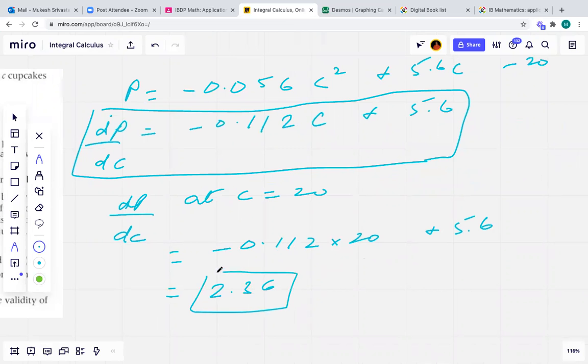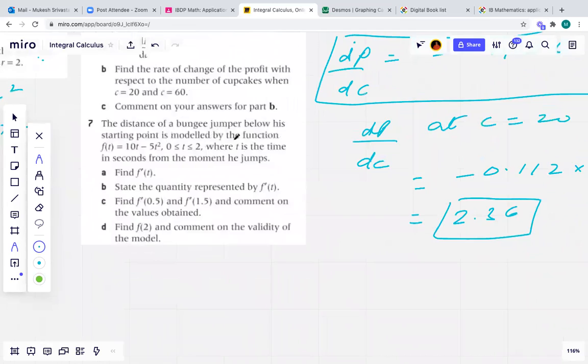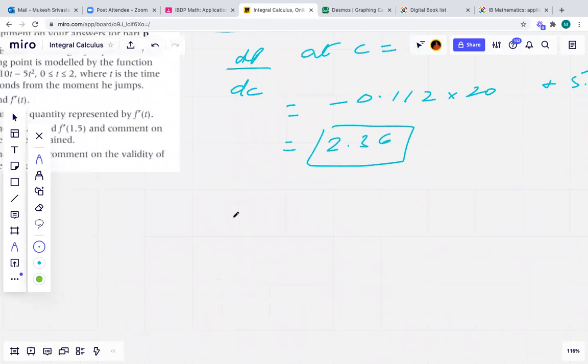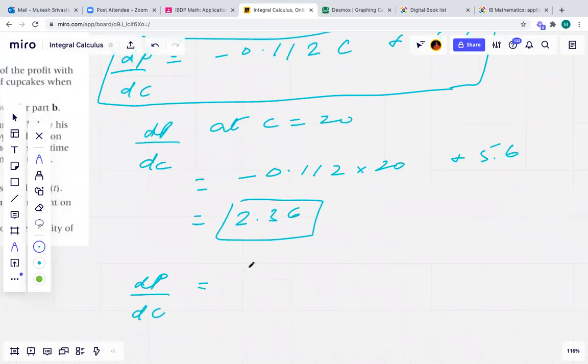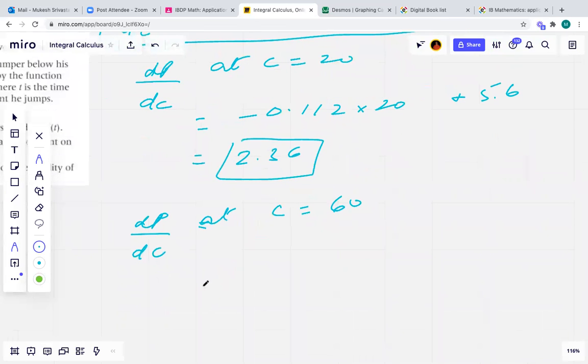And what is the value of dP by dC when C is 60? At C equal to 60. Okay, so 60 times 0.112.